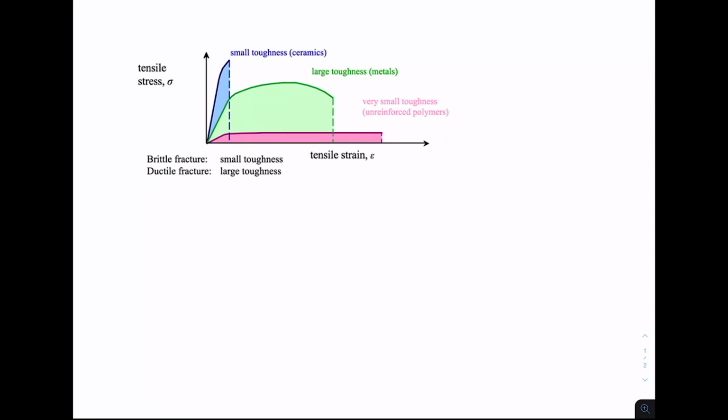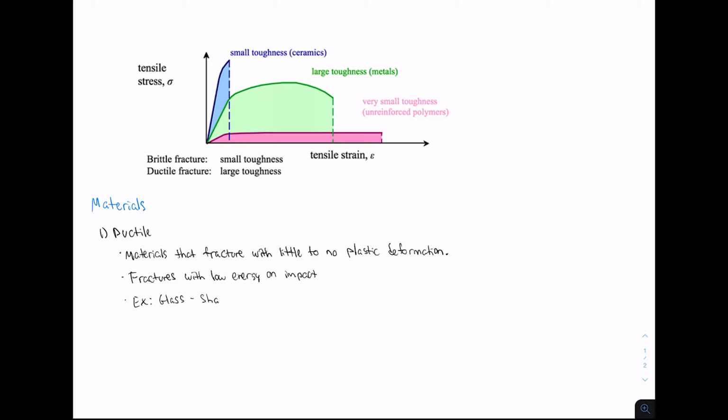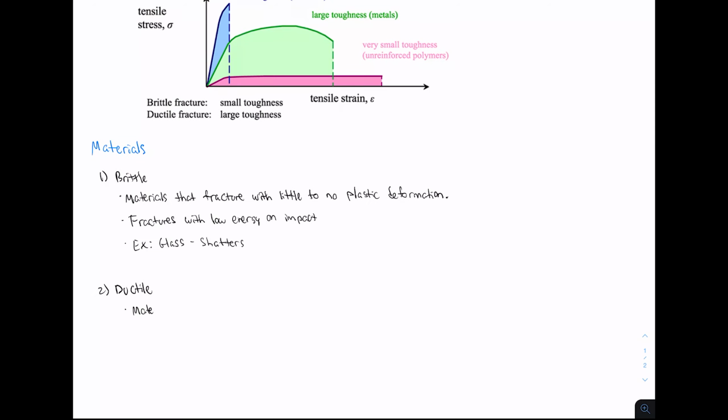Okay, so the next thing we're going to talk about here is brittle and ductile materials, and then we're going to compare that to fracture modes. Okay, so I at first copied my notes down wrong, but anyways, we have two different kinds of material that we're used to thinking about in our day-to-day life.